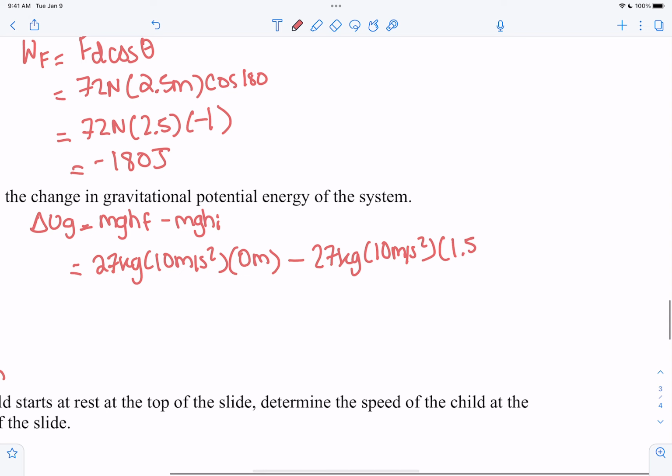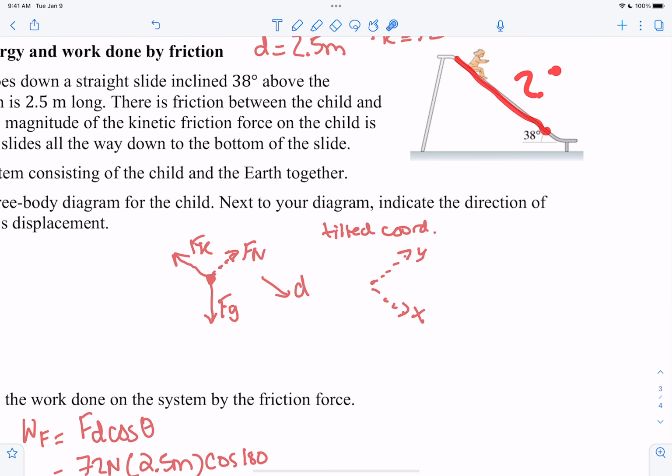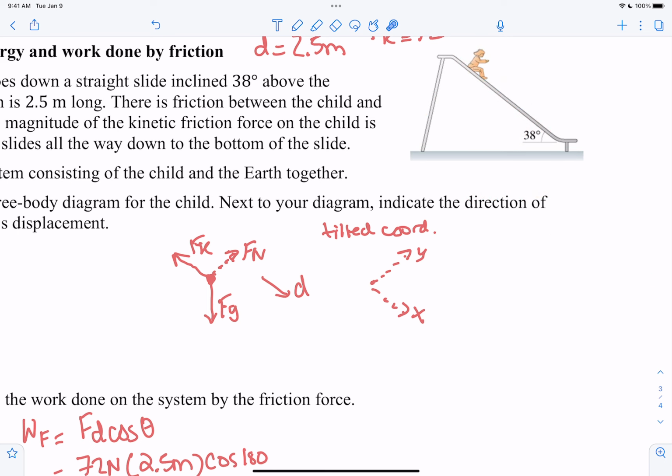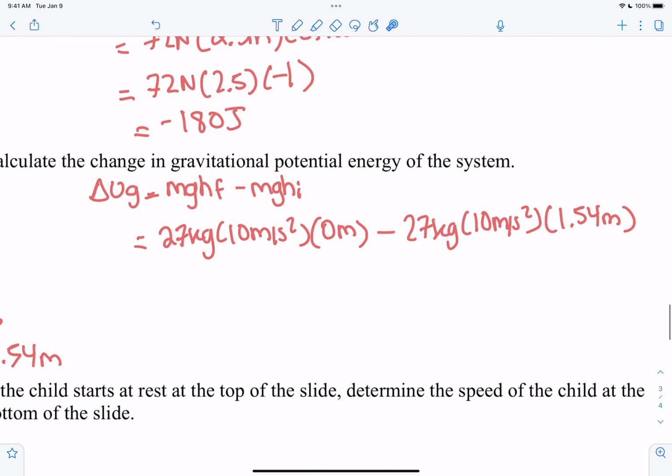And then we can make that the initial height, the top of the slide. If this is 2.5 meters and the angle is 38 degrees, sine is opposite over hypotenuse: the opposite to the angle, which is our height, divided by the hypotenuse, which is 2.5. So sine 38 times 2.5 should give us our height there, and the height is 1.54 meters.